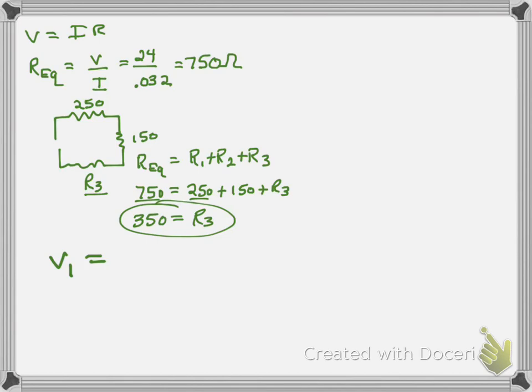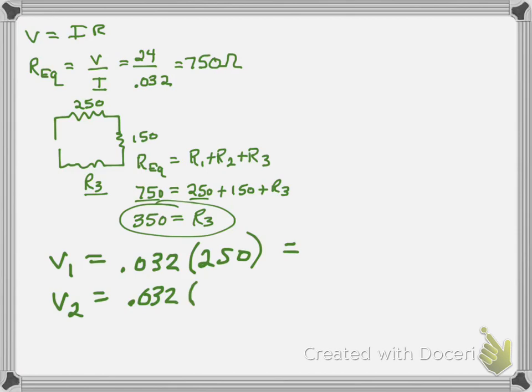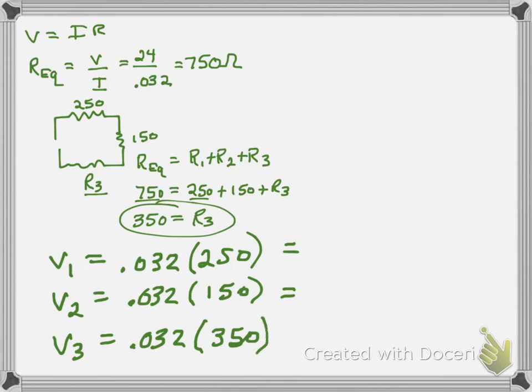And so remember that voltage is current times resistance, and my current is 0.032. And so I'm going to multiply that by resistor 1 to find voltage 1, and resistor 1 was 250. To find voltage across resistor 2, I will take current times 150, because that's the amount of resistance that resistor 2 has. And the voltage across resistor 3 would be the current times the resistance of resistor 3, which is a 350.